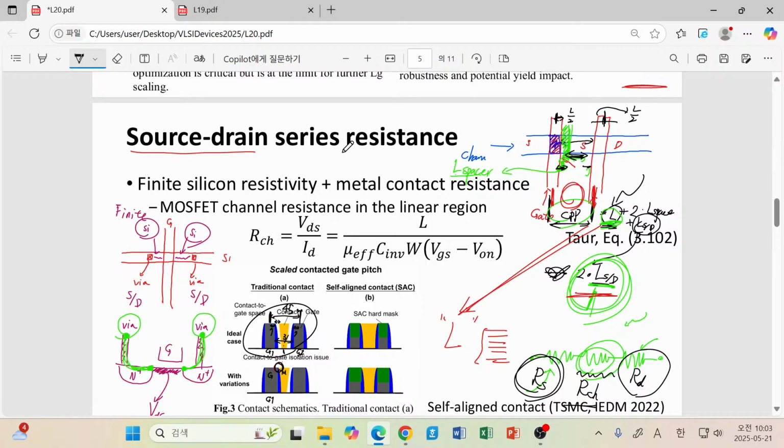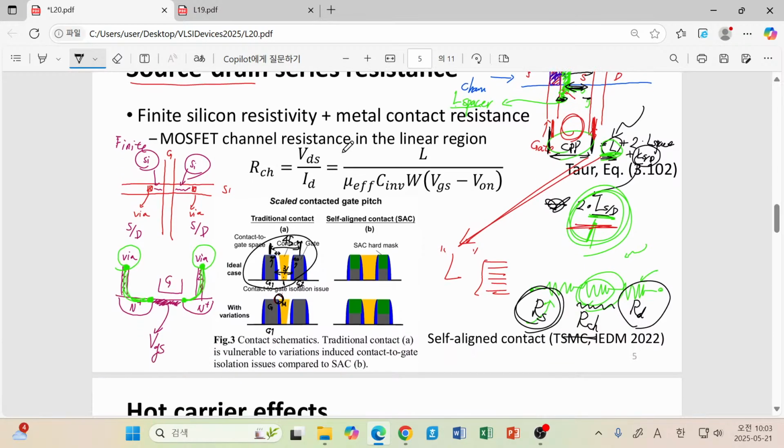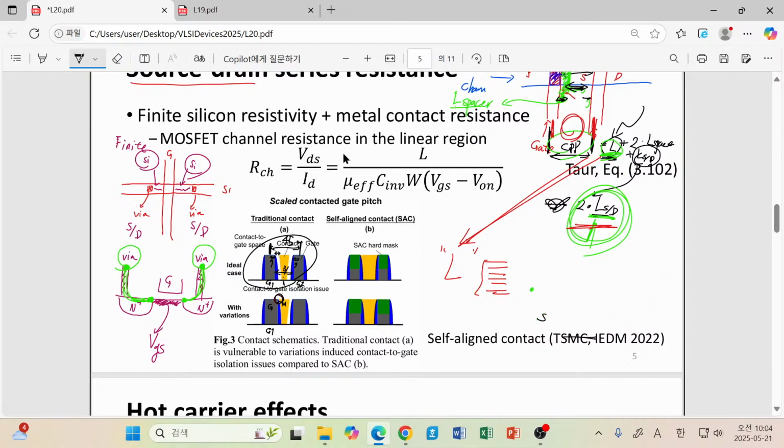Even though we can reduce the internal transistor component as much as possible, if we have quite a high resistance, then we cannot increase the overall current. So let me show you the final remark on this. Think about this. Let's say here we have R and R. This is for source and drain.